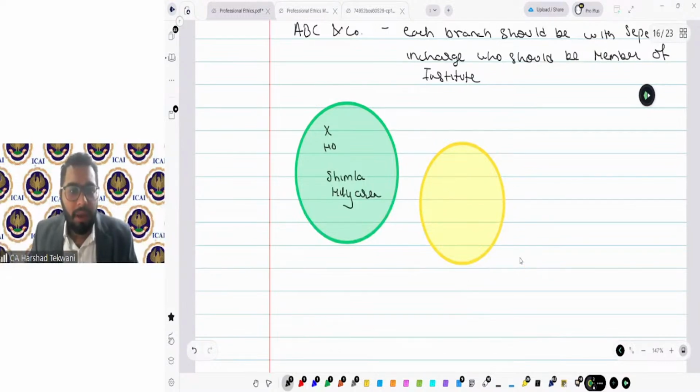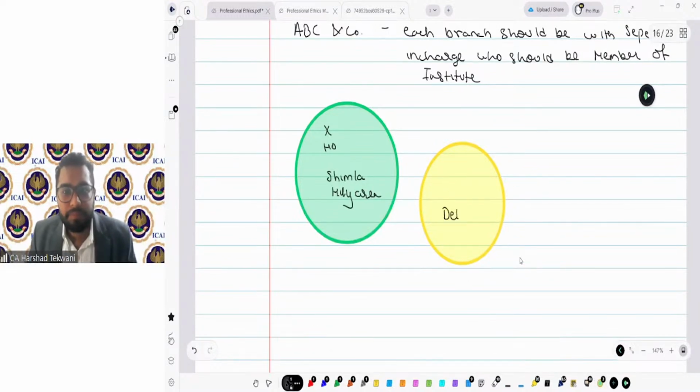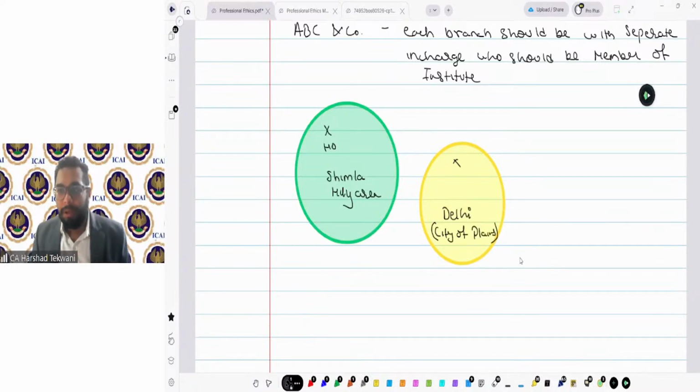A member can open, this will be known as the city of Plains, a temporary office in a city of Plains for a limited period, but not exceeding 3 months. So I can open a temp office over here, but that should be for a period of 3 months, not more than that.